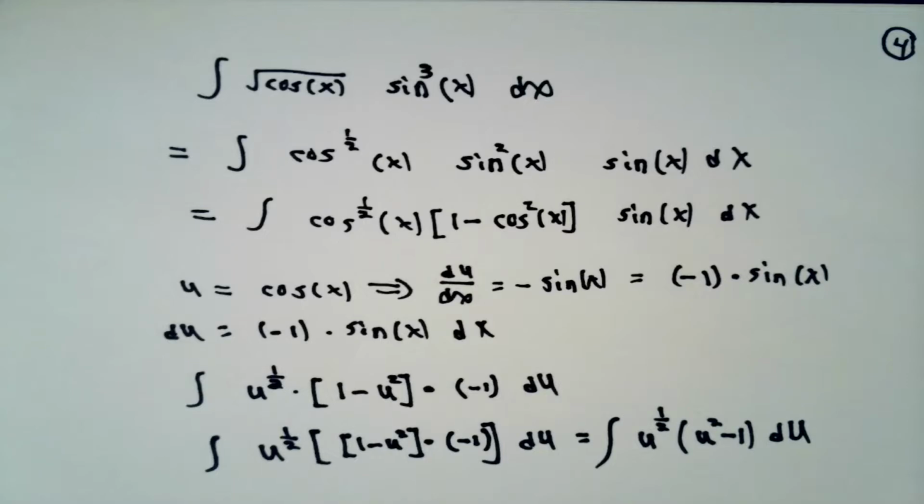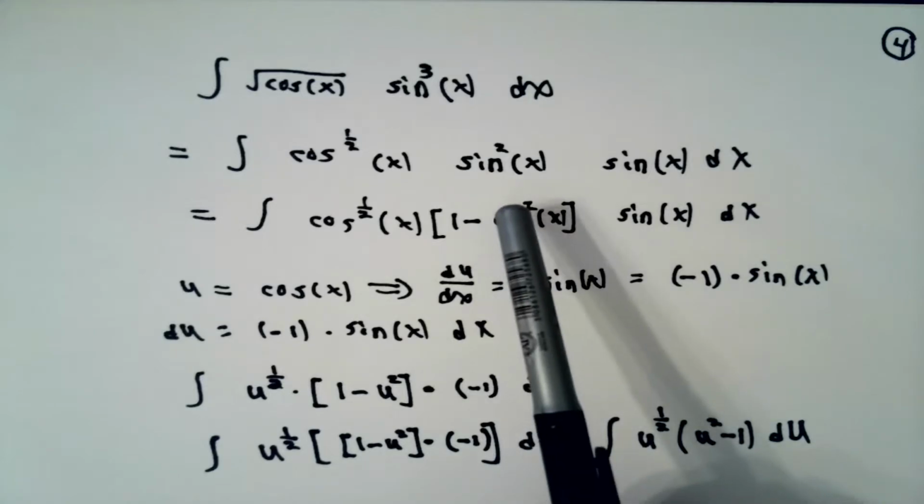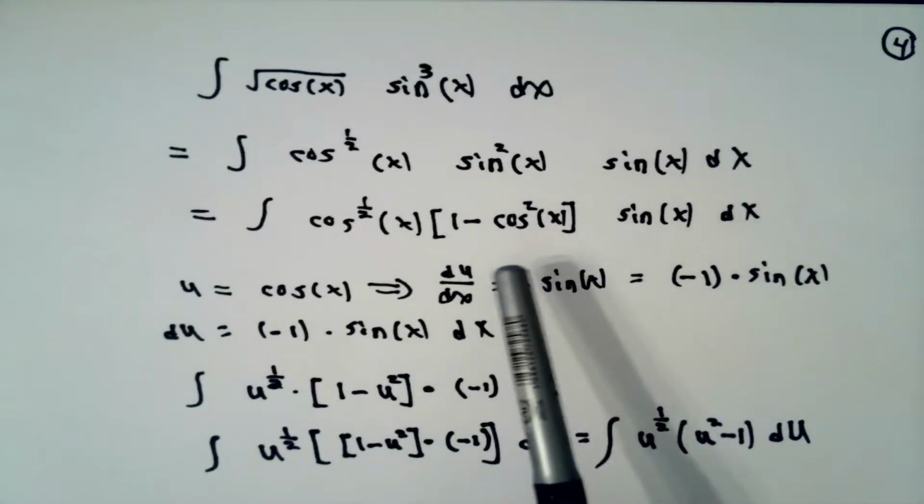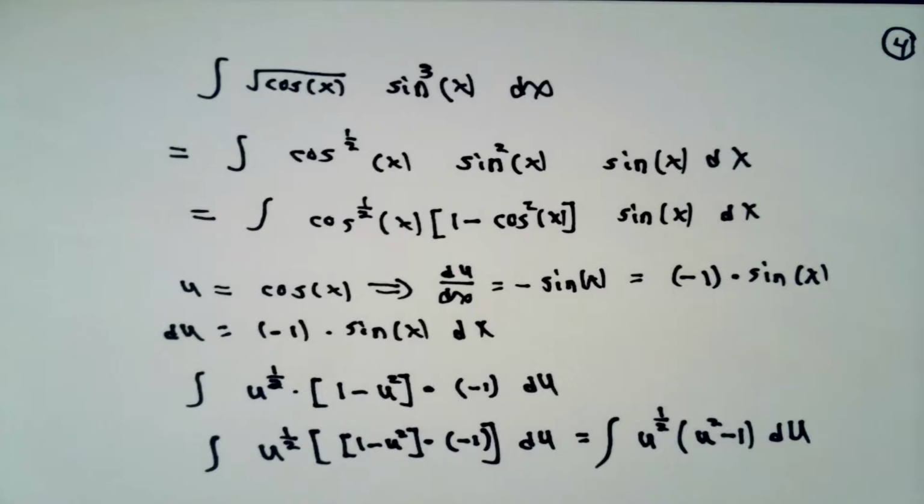The odd positive power is the 3 on sine cubed of x, so split one of those factors away. The remaining sine squared can be written as 1 minus cosine squared, and then just as before, we can do a substitution.